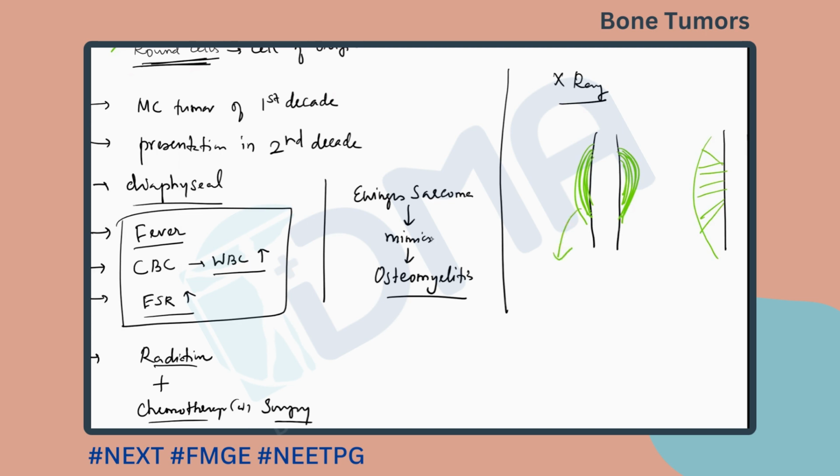And in Ewing sarcoma, the periosteal reaction is called onion peel appearance. Okay, clear? It's a very, very important point. All these periosteal reactions are again frequently asked questions. So if you see an onion peel appearance in periosteal reaction, then the diagnosis is Ewing's sarcoma. Okay.